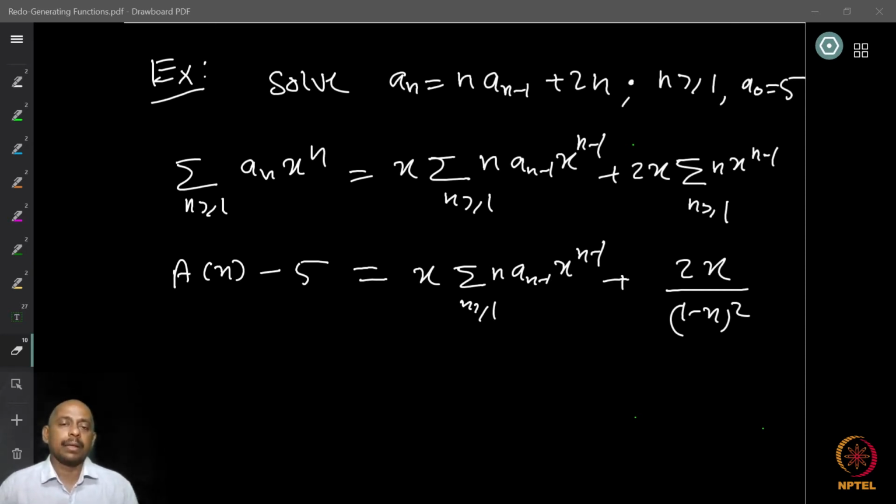Now, as usual, when we have such a formula, we multiply the recurrence relation on both sides by x raised to n and take the sum.